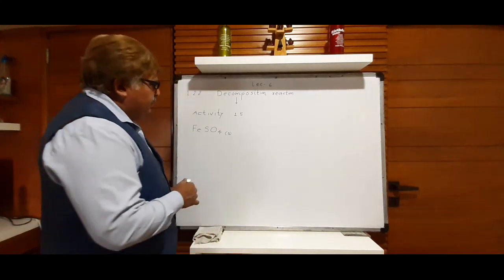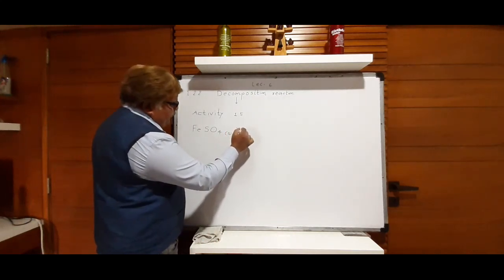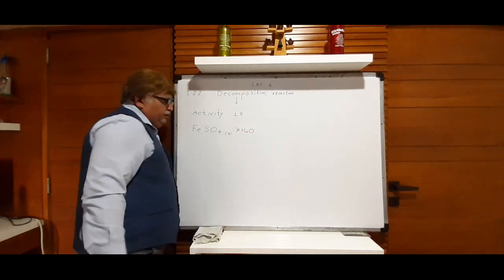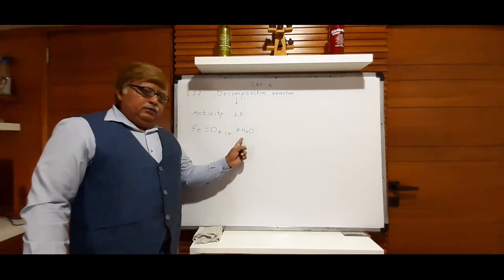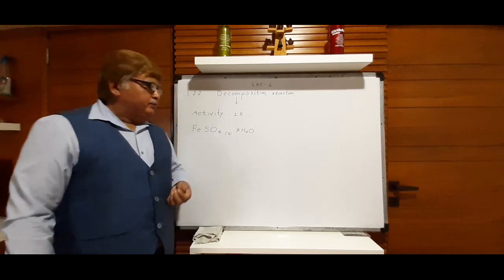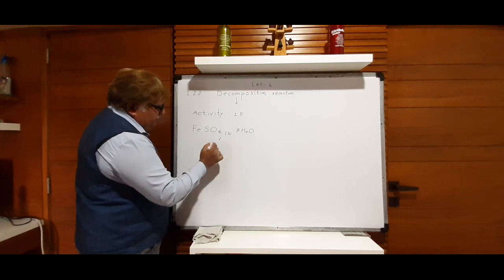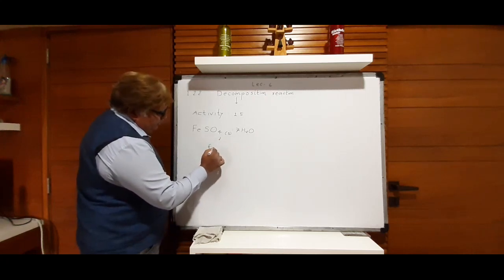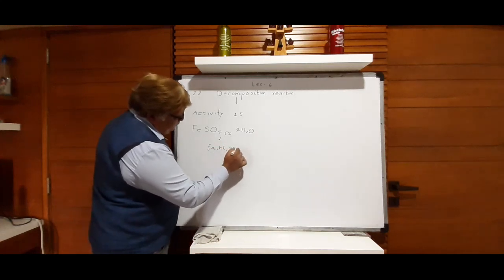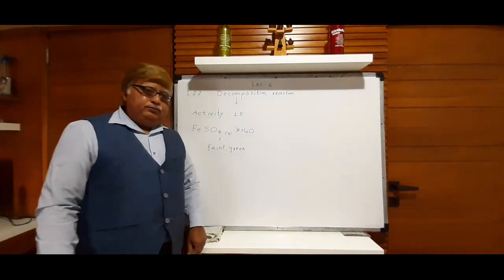But it is really FeSO4·7H2O, because ferrous sulfate contains 7 water molecules of crystallization. Its color, as it is said in the activity, is faint green.